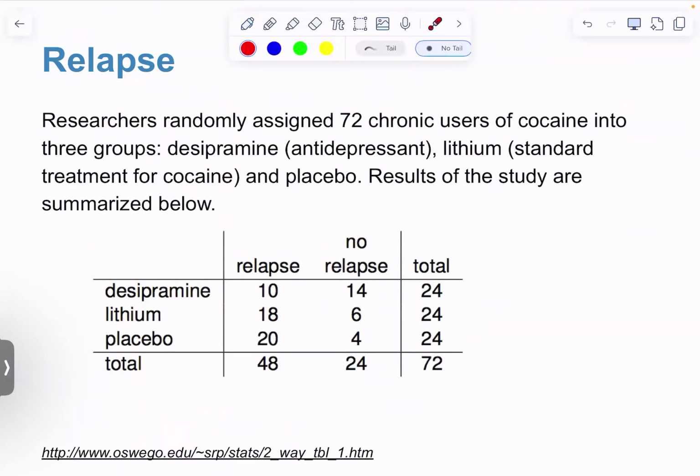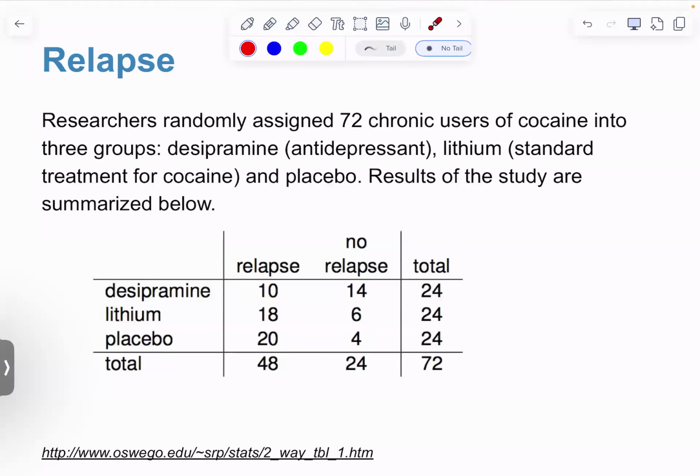In this example, I have a contingency table of data from 2 categorical variables. Researchers randomly assigned 72 chronic users of cocaine into 3 groups: desipramine, which is an antidepressant, lithium, which is the standard treatment for cocaine, and placebo, just a sugar pill usually.